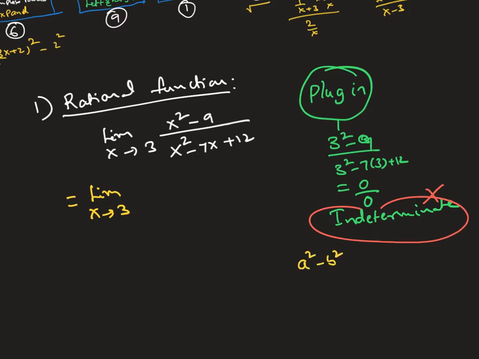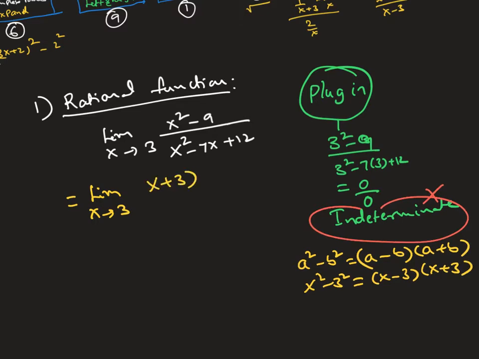The difference of squares. You have to memorize this formula. If you forget, that is x squared minus 3 squared. So I factor this to be (x plus 3) and (x minus 3).